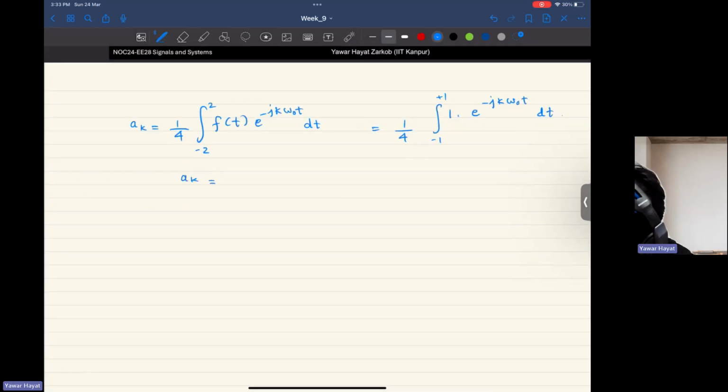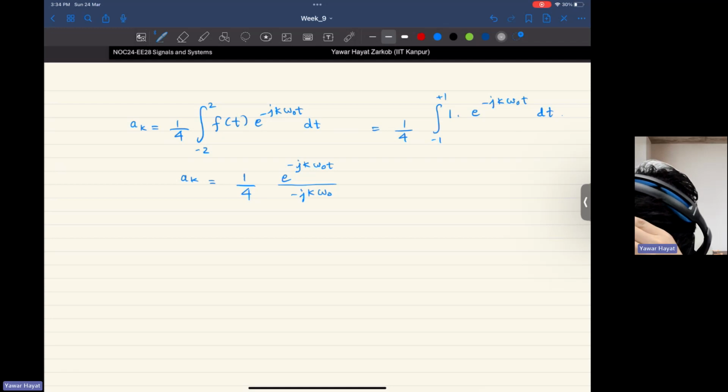So AK would be equal to 1 over 4. We'll integrate this e to the power minus jk omega naught t. We'll be left with e to the power minus jk omega naught t whole divided by minus jk omega naught. The limits are from t equal to minus 1 to t equal to plus 1.